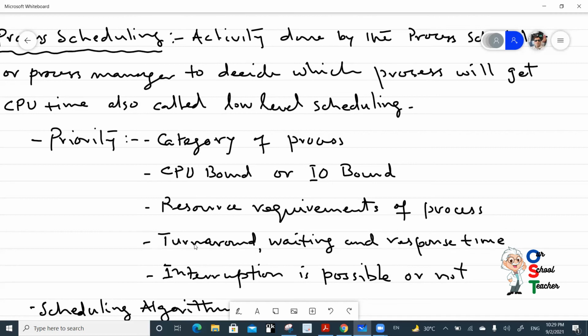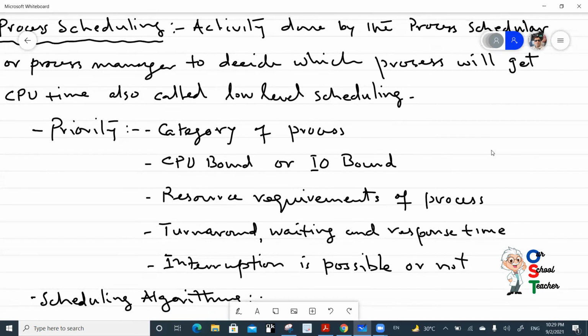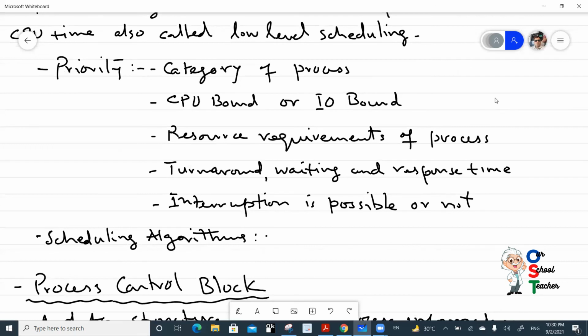So it depends on all these three factors. It also depends on the kind of process, whether it is interruptible or not. If there is some process which cannot be interrupted, quite possible that will be executed at the end.